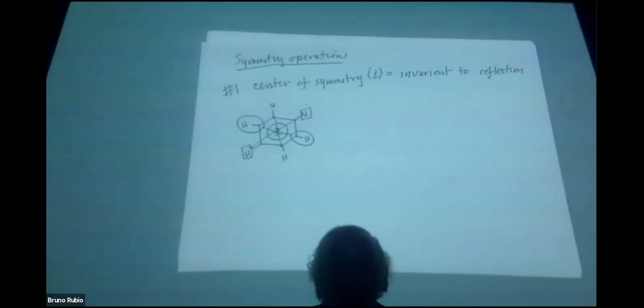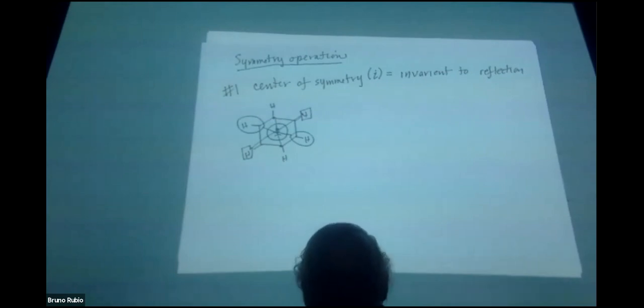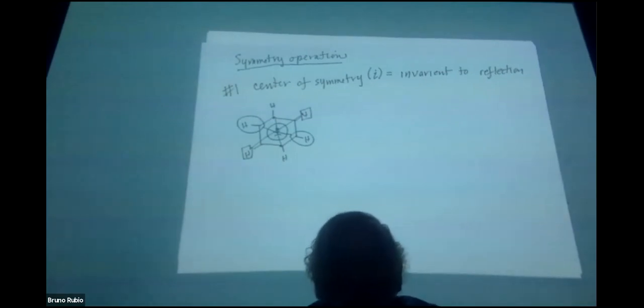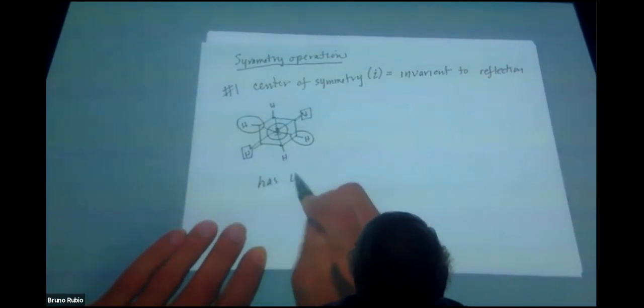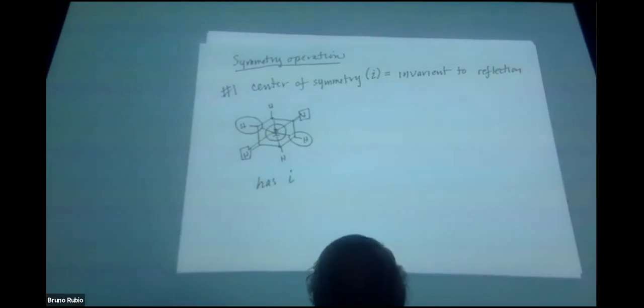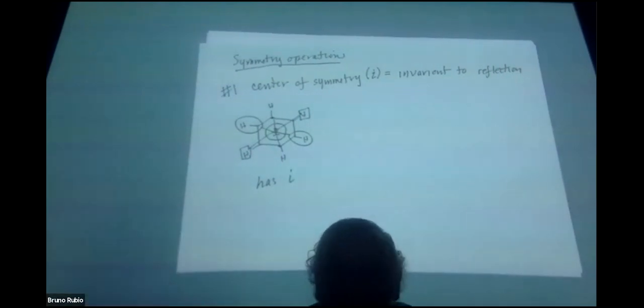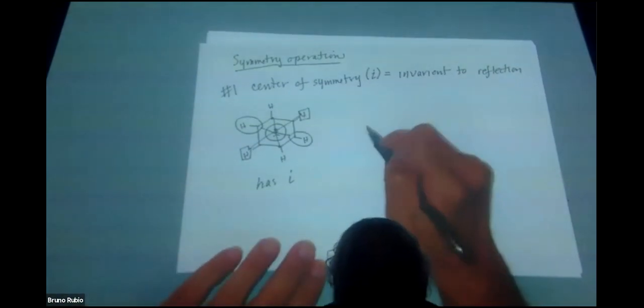No matter where I look in the molecule, if I look in the exact opposite direction, same distance, I will hit an equivalent atom or group. Benzene has a center of symmetry. Is benzene chiral? Oh my heavens, no. Because if a molecule has a center of symmetry, it cannot be chiral.